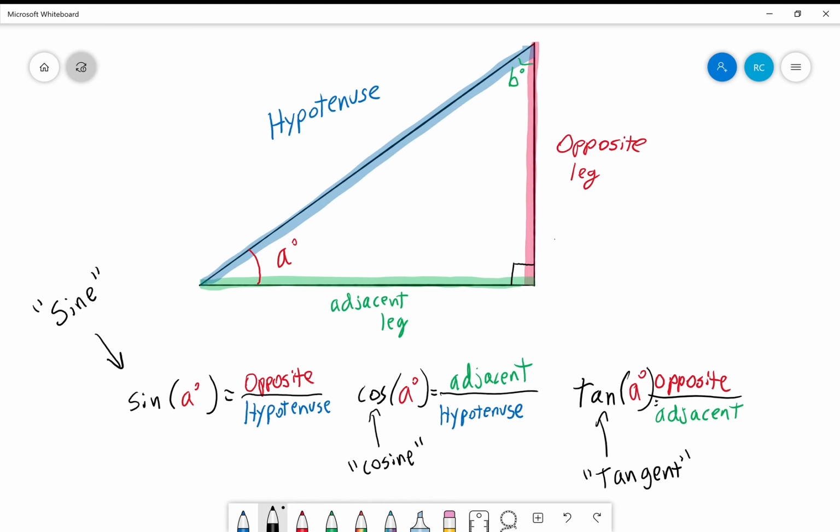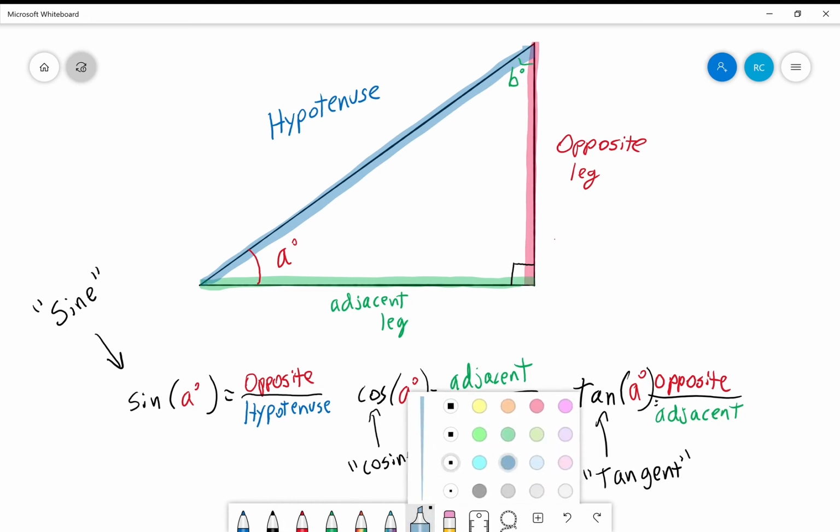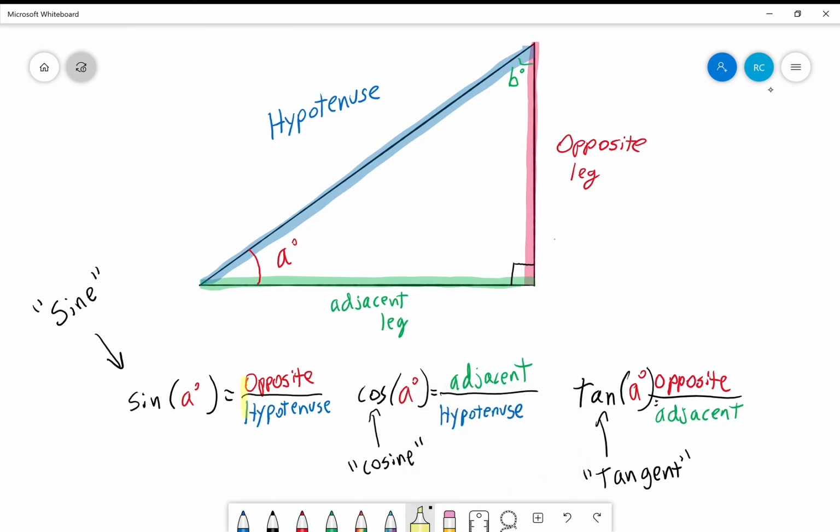And again, I want to try to make this as clear as possible. Sine is just a special name that we gave to the ratio of the opposite side from that angle divided by the hypotenuse. It's just a special name that we gave to that ratio so that when you pick up your calculator, you can look at a button and see, oh look, that says sine.